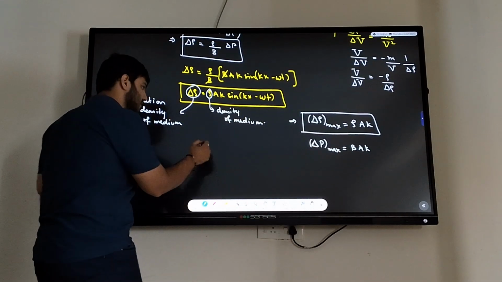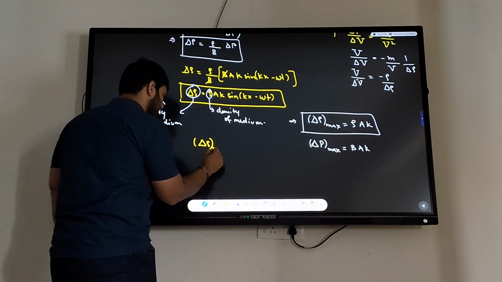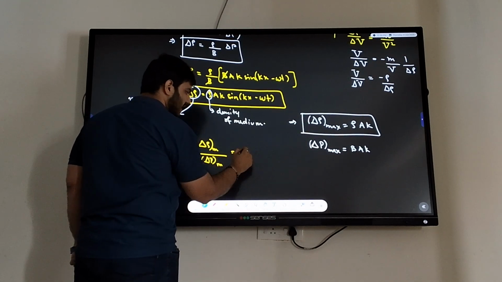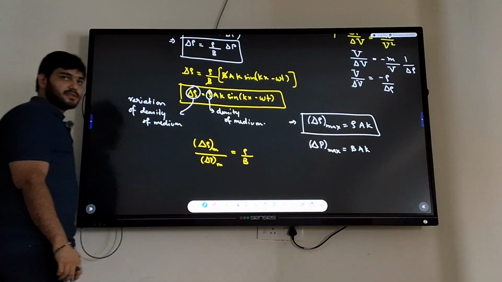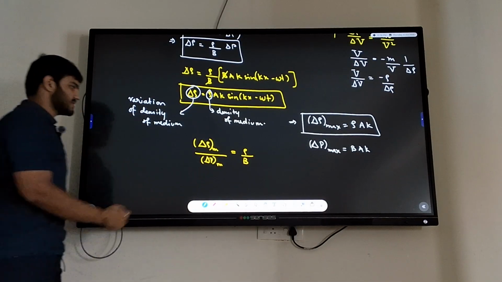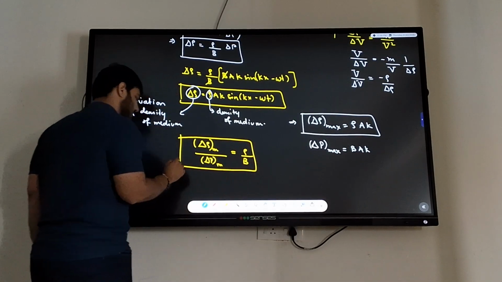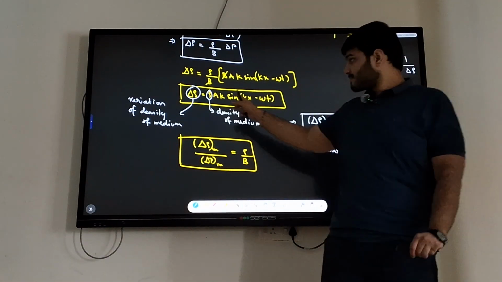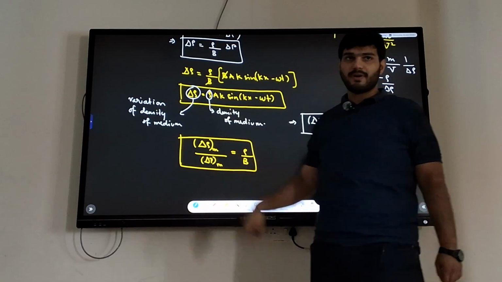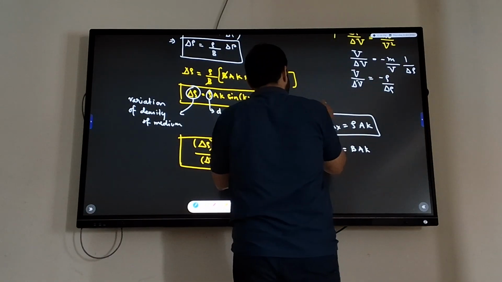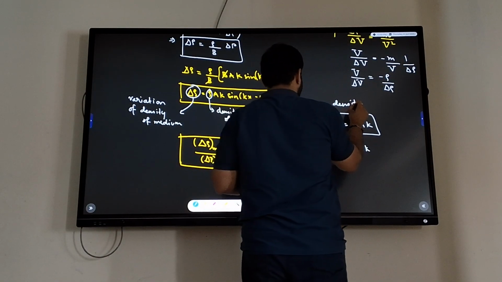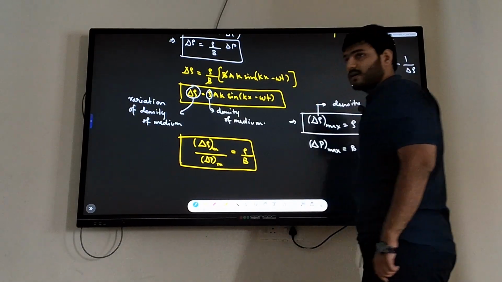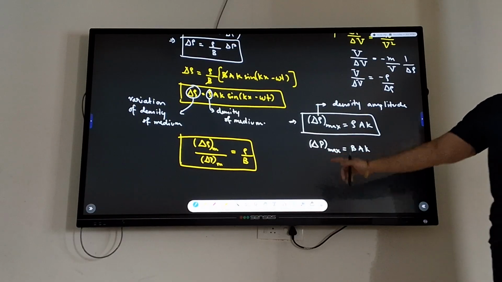What is the relation then? Delta rho max divided by delta P max is equal to, I think, rho by B. Is it okay? We have this equation. I have a relation between displacement amplitude and density amplitude. So this is called density amplitude. And now I have a relation between density amplitude and pressure amplitude. ठीक है?